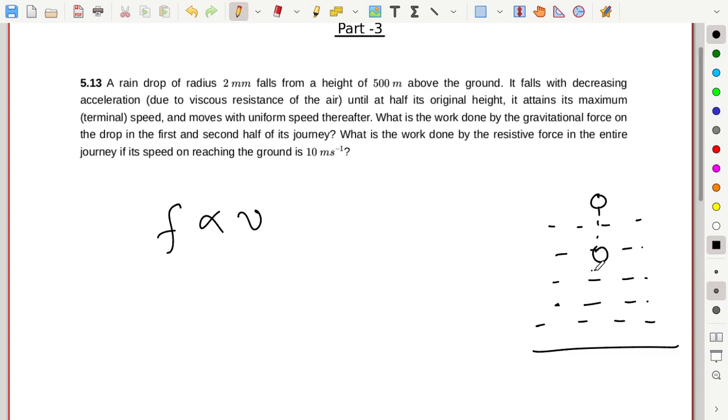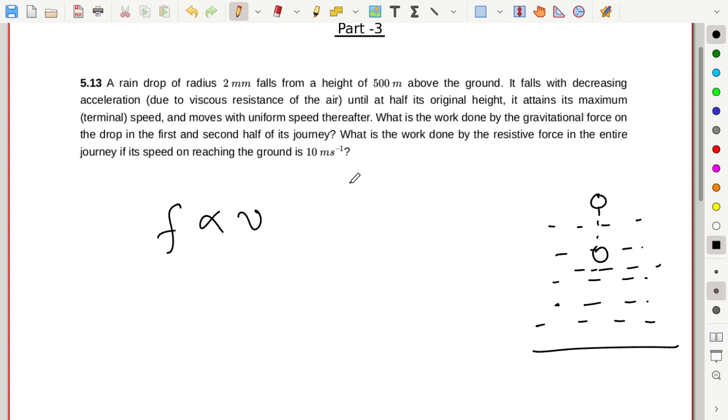At a certain point, the velocity of the water drop attains a saturation velocity, the maximum terminal velocity. After that, the velocity won't increase. Such a velocity is called the terminal velocity. After that, the water drop falls at a constant velocity. So this is the idea to solve the problem.